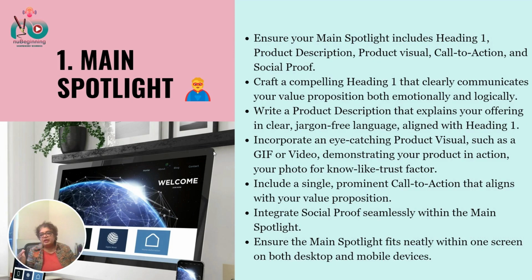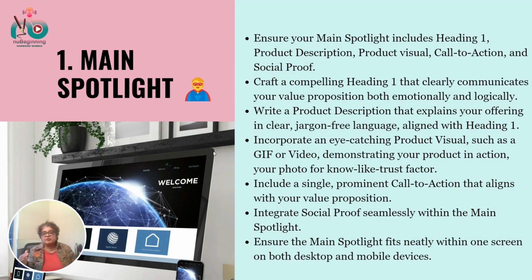Craft a compelling headline, one that clearly communicates your value proposition both emotionally and logically. Again, we have gone into the psychology of crafting headlines in great detail in another training, so I'm not going to go into details over here again.